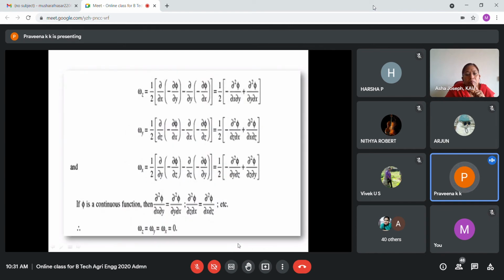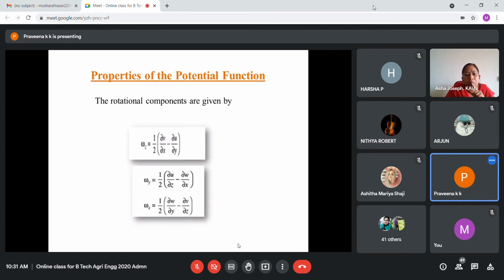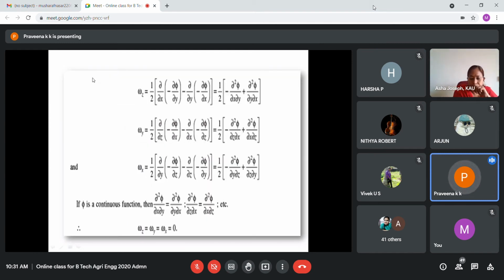So here also we are substituting the velocity potential expression, that is omega z equal to 1 by 2 dou by dou x. Instead of v, we have put minus dou phi by dou y.